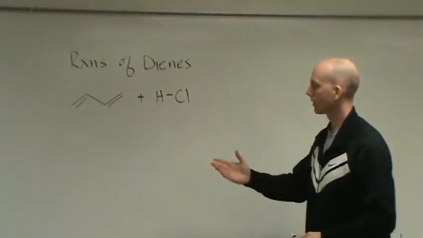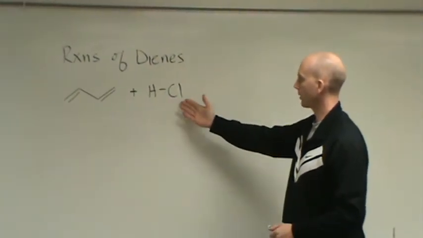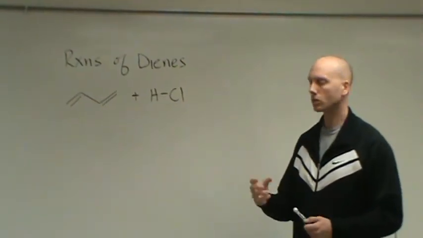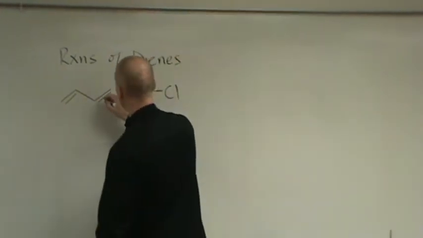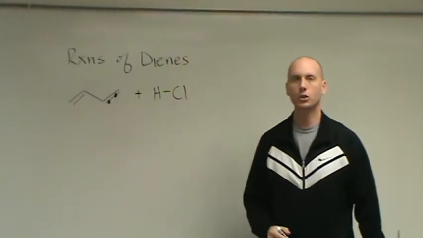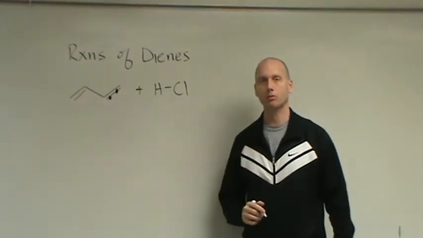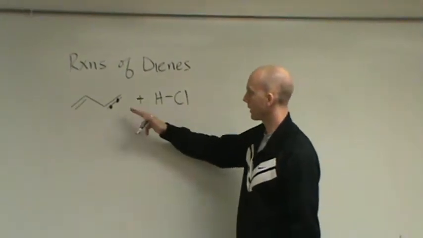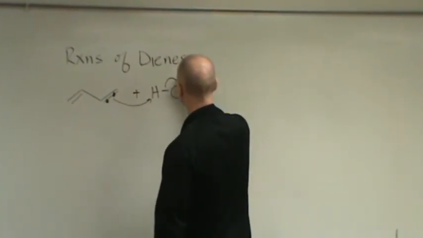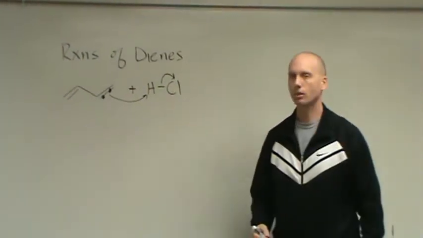So here again, we have an alkene with HCl. Let's just look at one of the double bonds. Let's choose this one here and draw the lone pair on it, so the attacking will be done from it. So again, it's going to attack the hydrogen and kick off the chlorine.